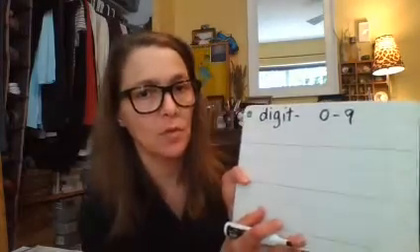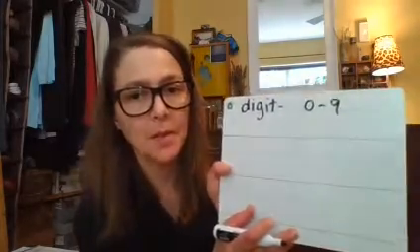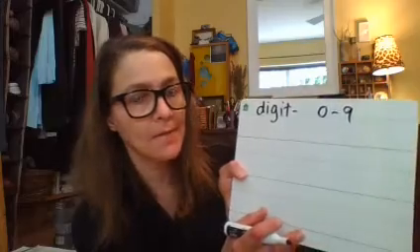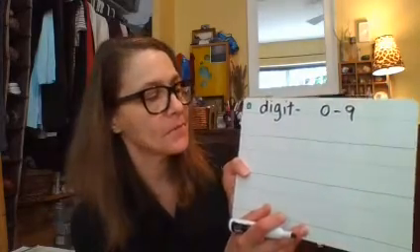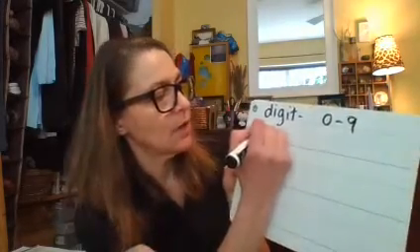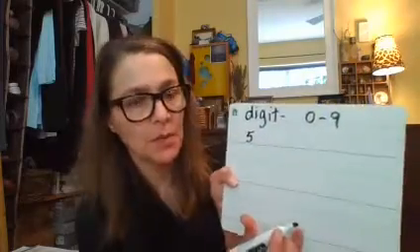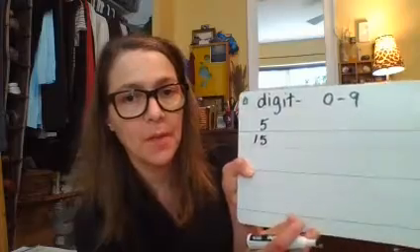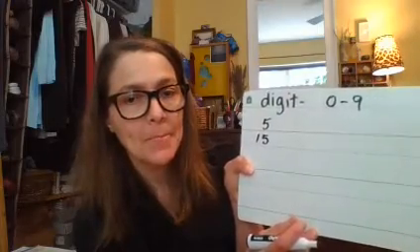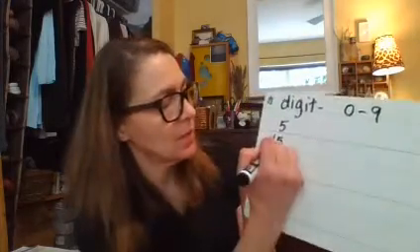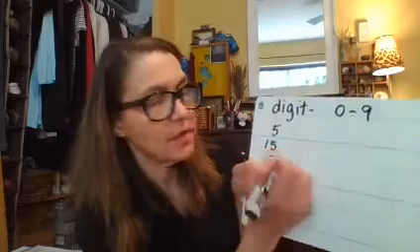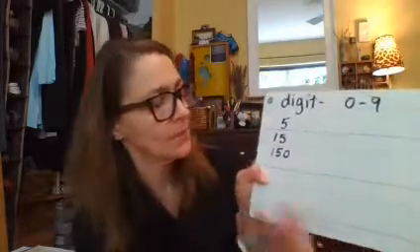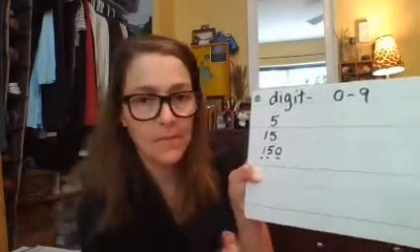Okay, any numeral that makes up a number 0 to 9. Okay, so 5 is a 1-digit number, and 15 is a 2-digit number. And then 150 is a 3-digit number. Right, that's digit, any numeral from 0 to 9.